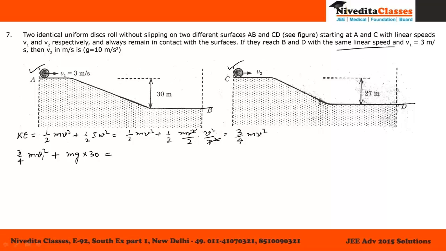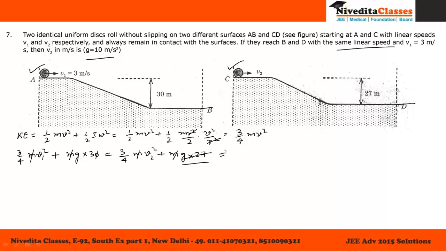This will be equal to the energy possessed by the second disk, which will be 3 by 4 m v2 square plus mg into the height, which is 27 in this case. Now, as you can see, this m is common on both sides, we can cancel it, and this g into 27 can come on the other side, and it will become g into 3, and we know that g is given to us as 10.